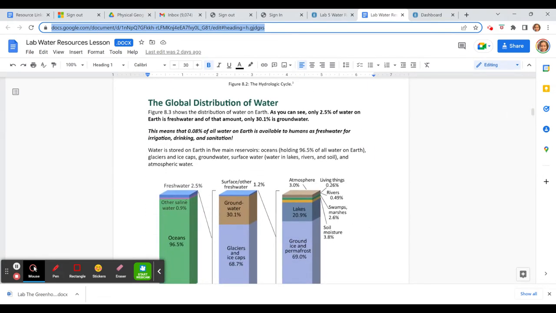Let's talk about the distribution of water. Water is not available in equal amounts all throughout the globe. There are some parts of the world that have a lot of water and other parts of the world that don't. For example, in California, Northern Californians don't really like Southern Californians that much because guess what?